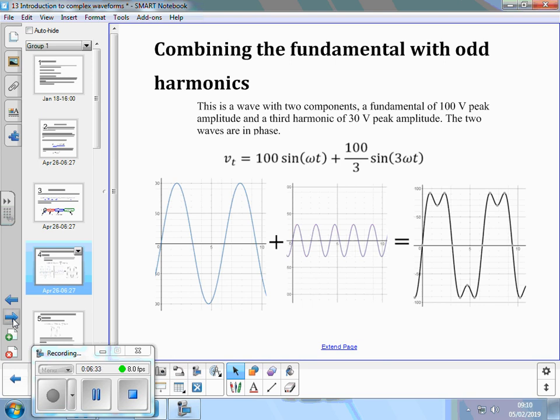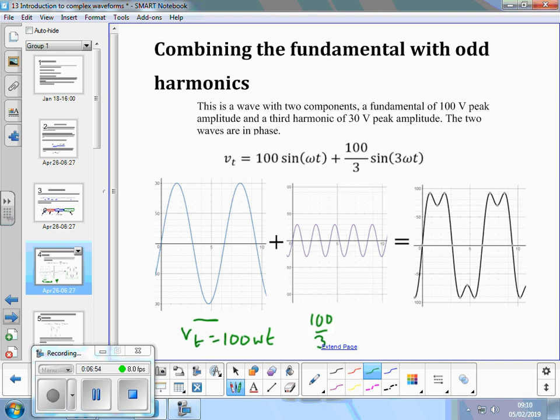If we take the sine wave v(t) equals 100 sine omega t, that's this one, and add it to 100 over 3 sine 3 omega t, its third harmonic. Add those two together, we get this waveform here.